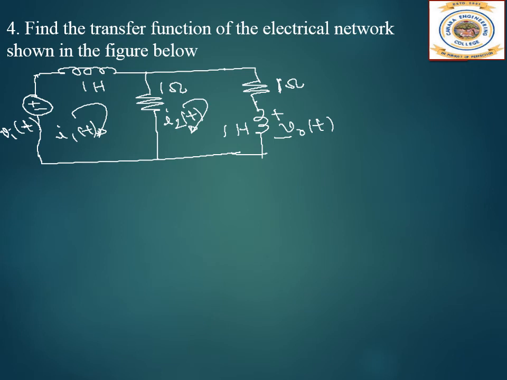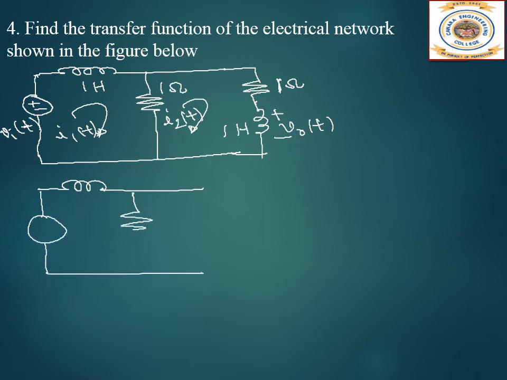Okay, so let us consider one more example over here. Instead of giving it as C and L, the values are given as 1 Henry for the inductor. Let us first write this in the Laplace domain. Here we have the source, then the resistor and the inductor.